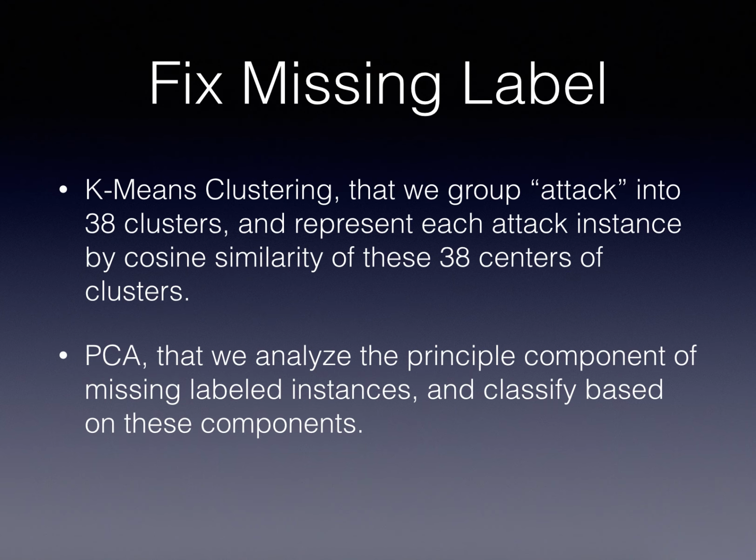Also, just as stated above, the test data has many attack types that don't even exist in the training data. So I came up with 2 ways that may solve this problem. The first one is k-means clustering.